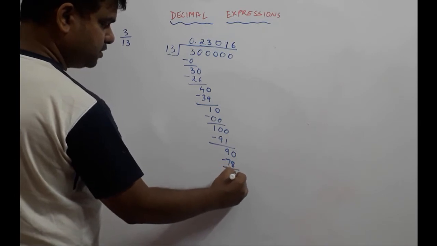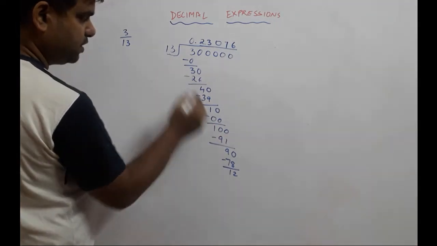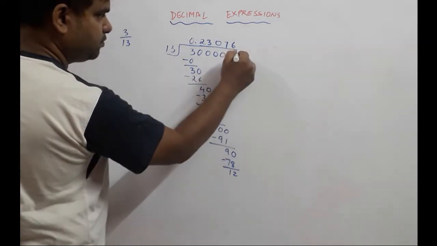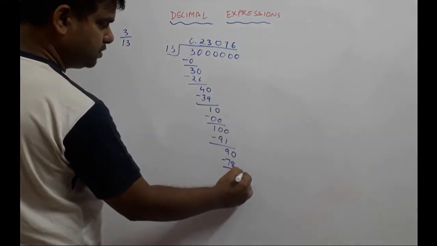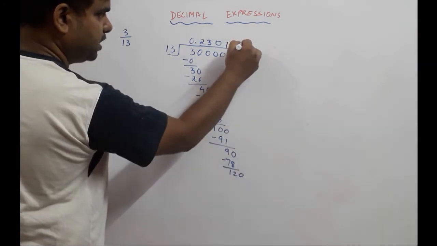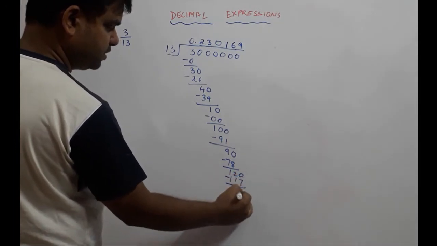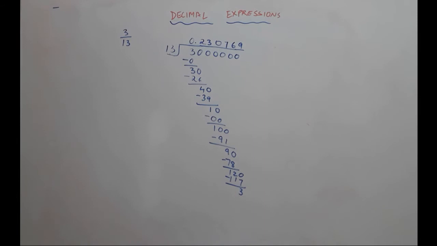And that will give us 12. Once again we cannot divide this, so we put a 0 over here, put a 0 here, and 13 9s can give us 117, which gives us 3. Then we continue.